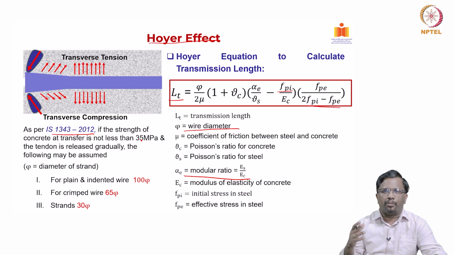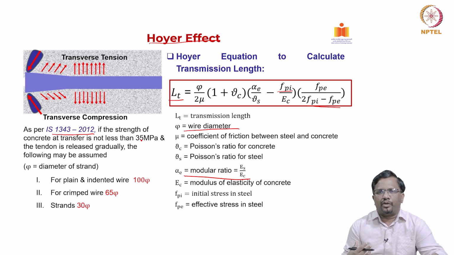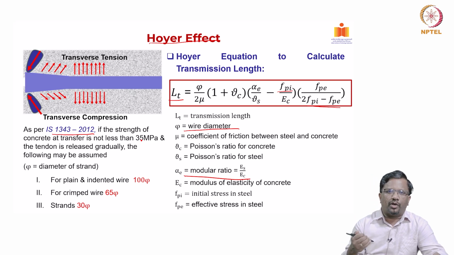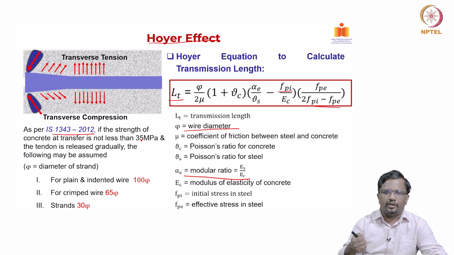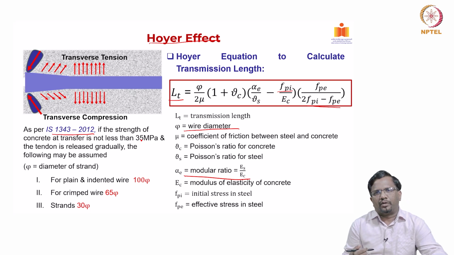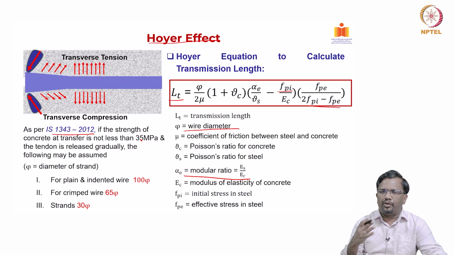You cannot cut abruptly in a fast manner. Typically people use a torch to cut the pre-stressing steel. If you do it with very high heat and very quickly, then you may develop higher transverse tension, which is not good. So, we need to cut the strands in a sequential, orderly fashion.